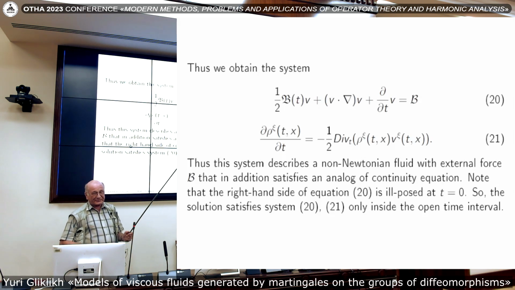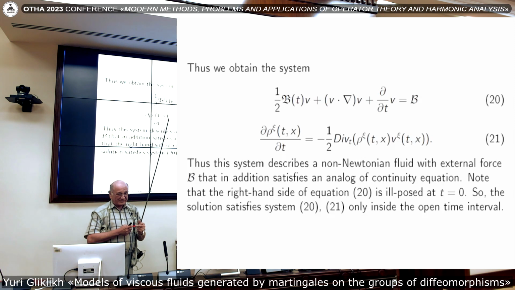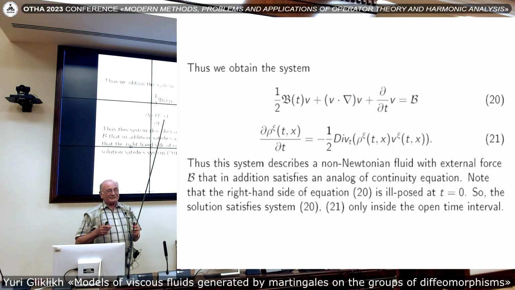Some words about what to do with the zero point, zero time. We can introduce a new auxiliary function, call it t sub 0 of t, that equals t when t is greater than t sub 0, and t sub 0 if it is less. Then for t started at t sub 0, everything is okay.